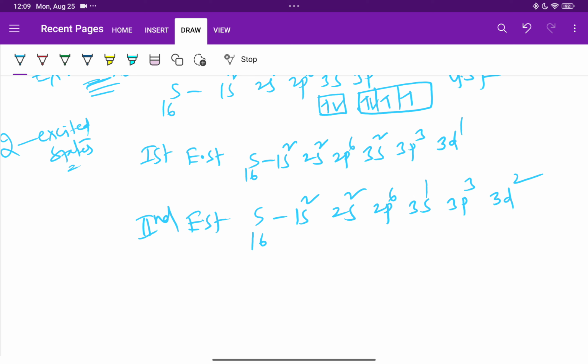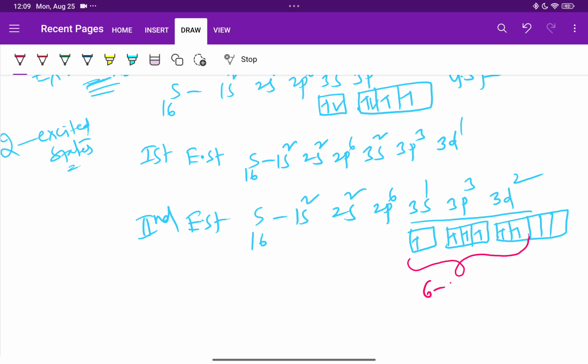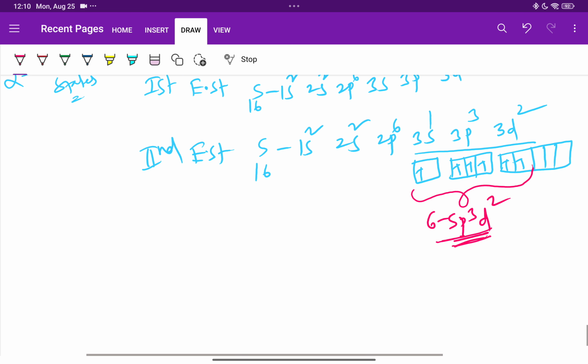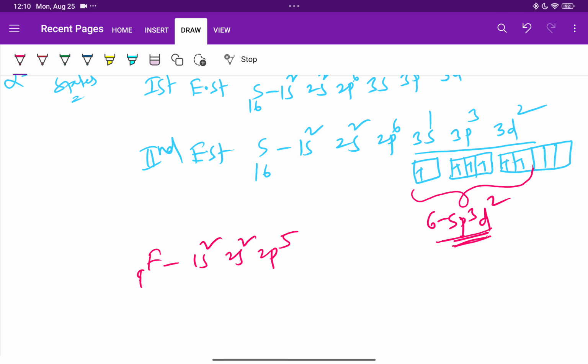sulfur 16, 1s2 2s2 2p6 3s1 3p3 3d2. So I am writing valence shell orbitals 3s1 3p3 3d2. So just the intermixing of 1s 3p 2d, 6 sp3d2 hybrid orbitals we are getting here, and these 6 sp3d2 hybrid orbitals of sulfur end-on overlap with the fluorine's pz orbitals, because fluorine atomic number 9, 1s2 2s2 2p5.